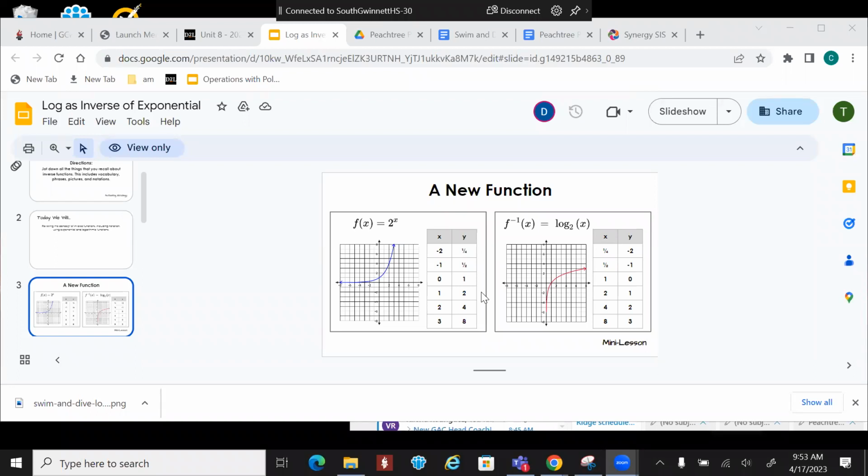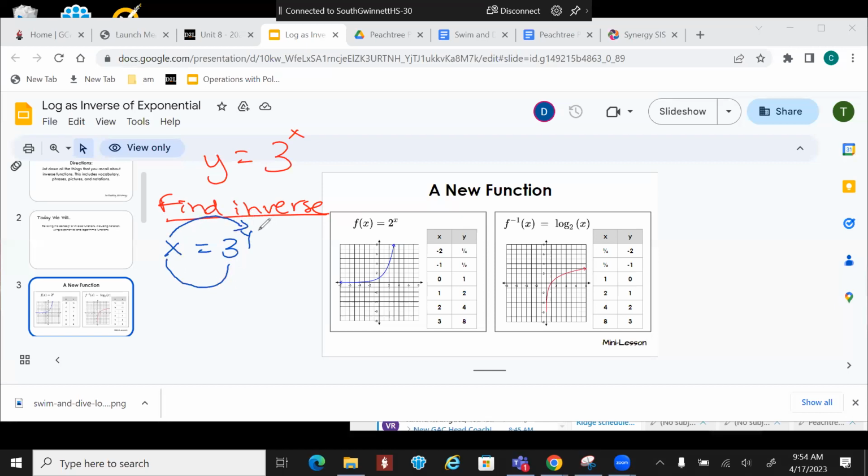So let's practice this really quick. If I had this function right here, if I had y equals 3 to the x, and I said, find the inverse. Okay. The first thing I'm going to do is switch my x and y. And then now I'm going to use the circle of life. So the way you do that is you start at your base, go to the outside, and finish at your exponent.